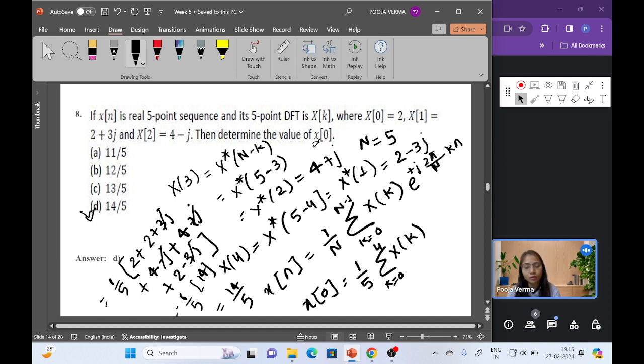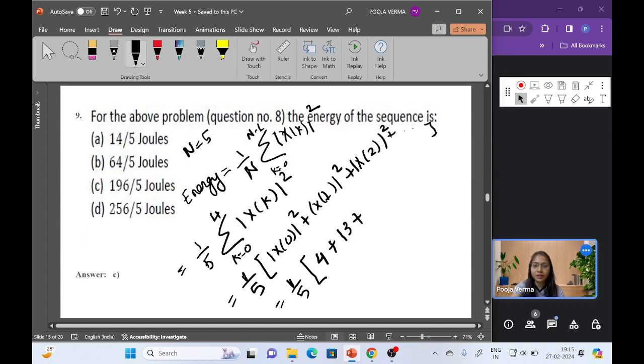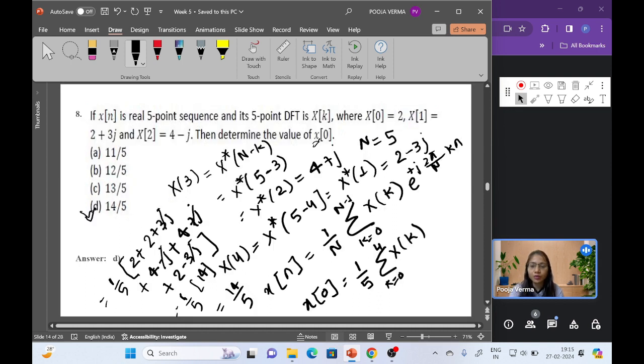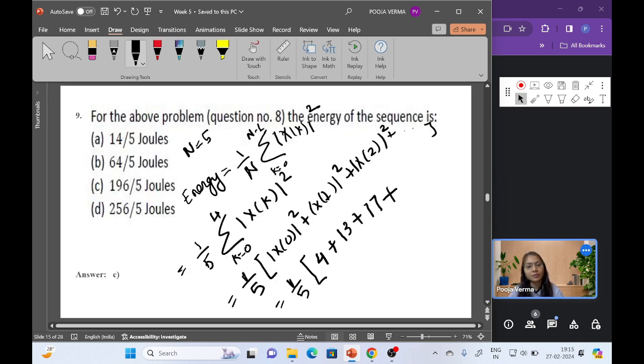Already you know how to solve this for complex signals. So root over real part square plus imaginary part square. So 4 square plus here only j, so 1 square. So 17. Root of 17 square is only 17, plus 0, 1, 2, then 3 and 4. So this is the complex conjugate of the other part, so that will be equal only.